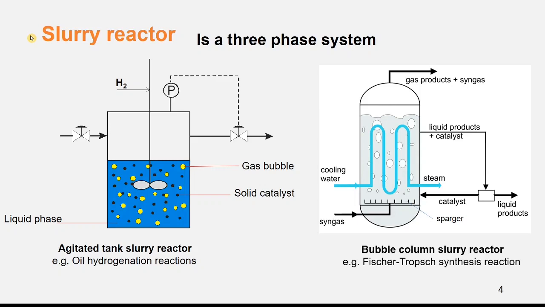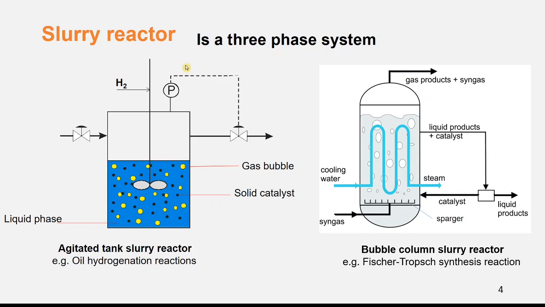First, we will briefly discuss two types of three-phase reactor, which are usually called slurry reactors. This is a system where you have a continuous liquid phase and have gas bubbles and catalyst pellets dispersed within the liquid phase. Two common types are the stirred tank slurry reactor and bubble column slurry reactor.